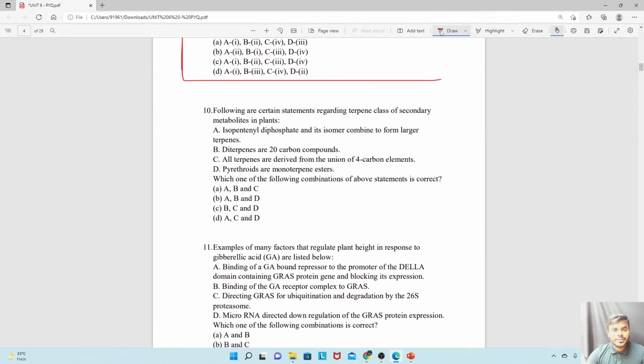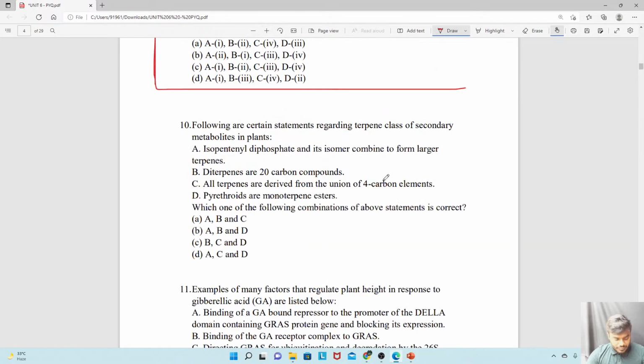Next one. Question number 10. Part C. Easy question, friends, so you can answer this. Just think it correctly. Think it correctly.